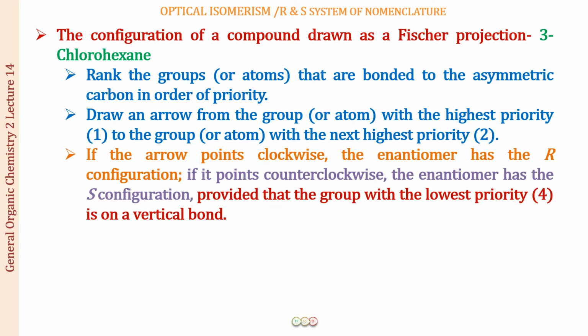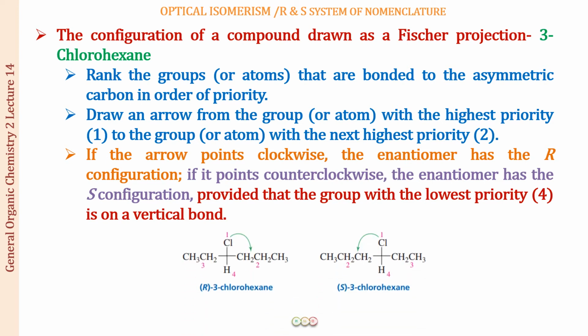And then again, if the arrow points in the clockwise direction, the enantiomer has the R configuration, and if it is in the counterclockwise direction, it is going to have the S configuration. But here the word of caution is that the lowest priority group should be on the vertical bond. Okay, so let me show you the example of 3-chlorohexane.